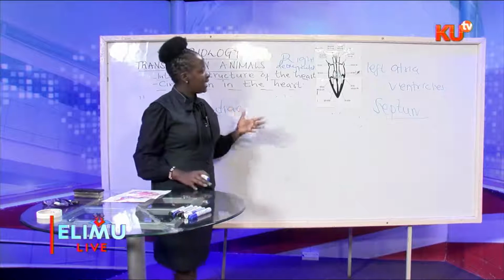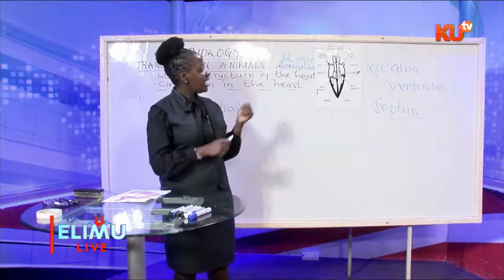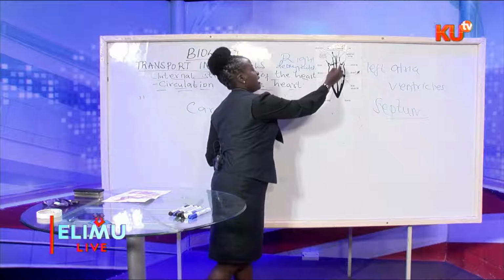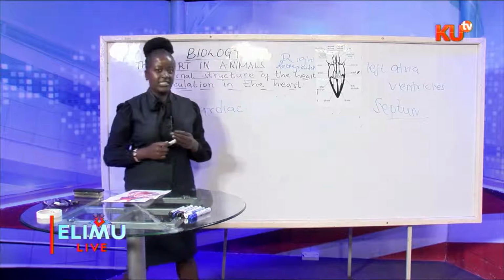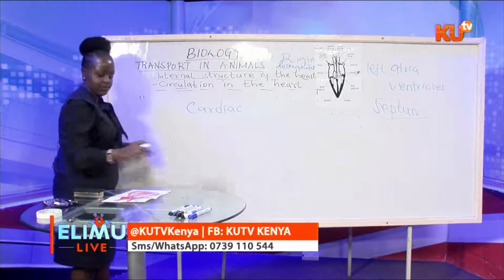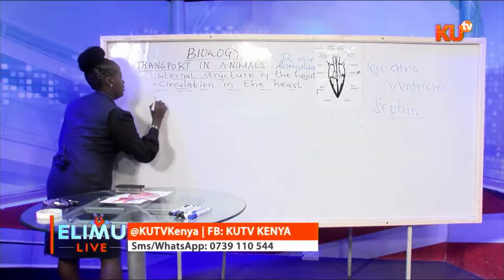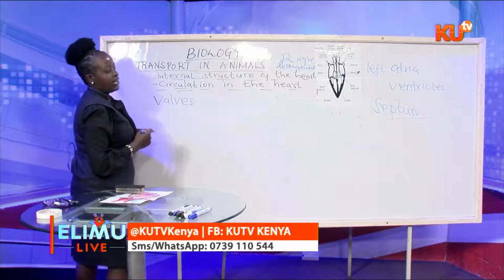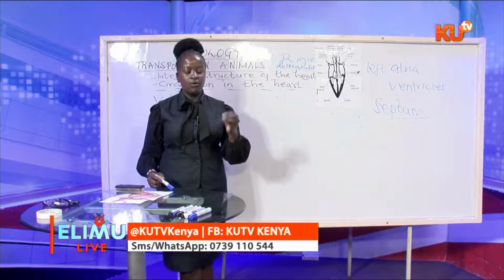Now, another part that I want us to focus on are structures that are just below these vessels. So we have this structure and this other structure. Those structures are called valves. A valve is a structure that prevents the backflow of blood.